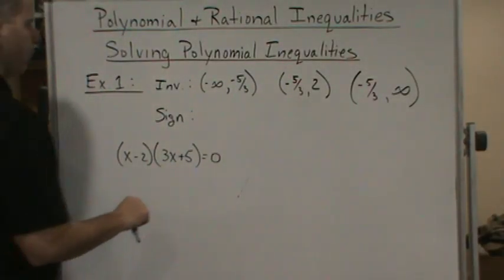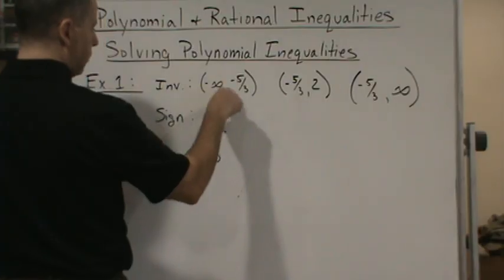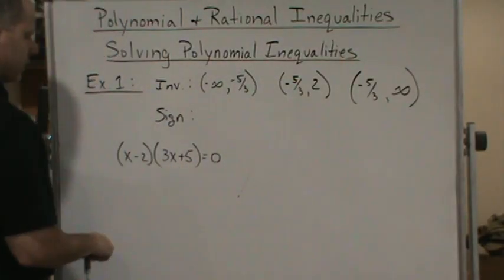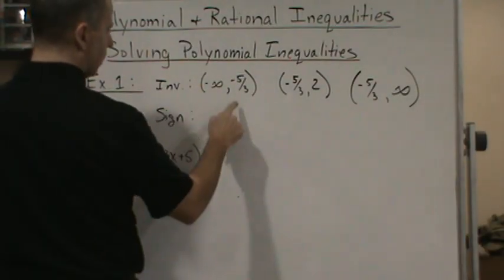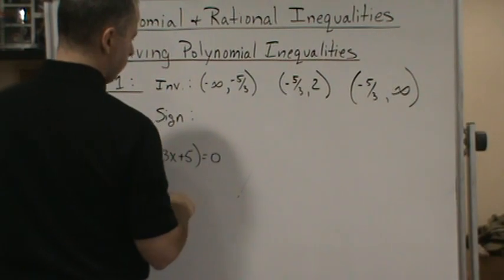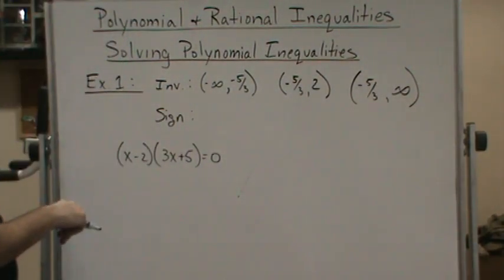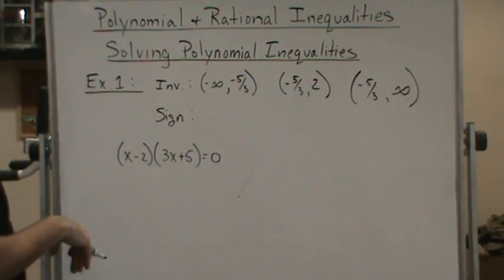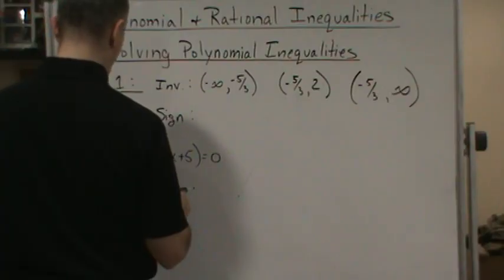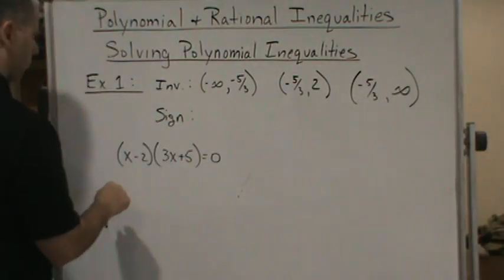So now what we're going to do is choose a value in this interval, and we're going to see whether it's positive or negative here. So let's choose, well, this is negative 5/3, so that's bigger than negative 2, so let's do negative 2. Well, oh, hold on a second. Yeah, let's do negative 2.